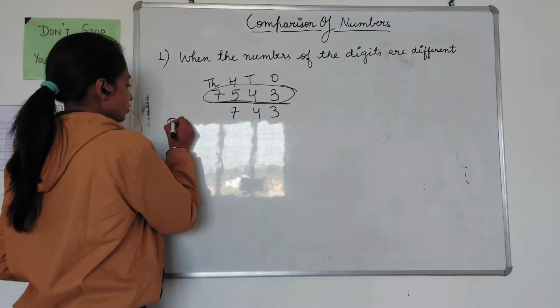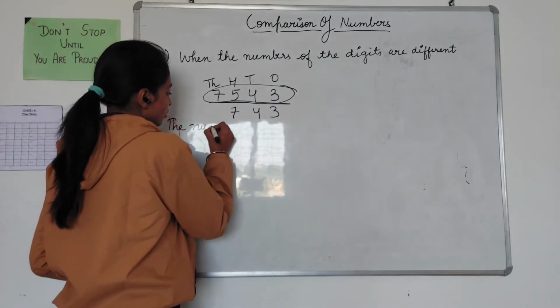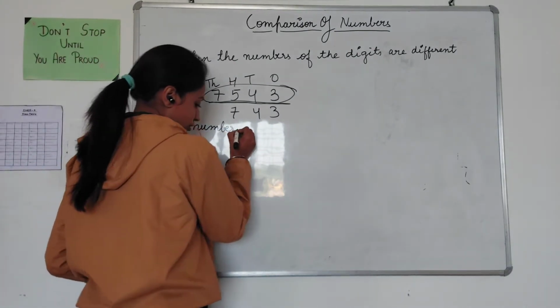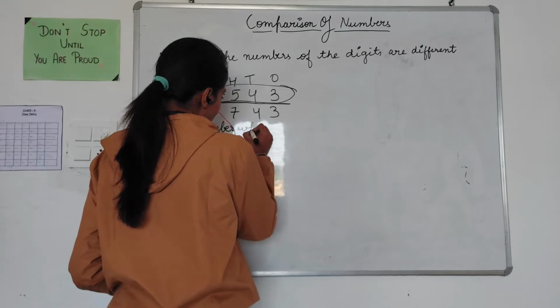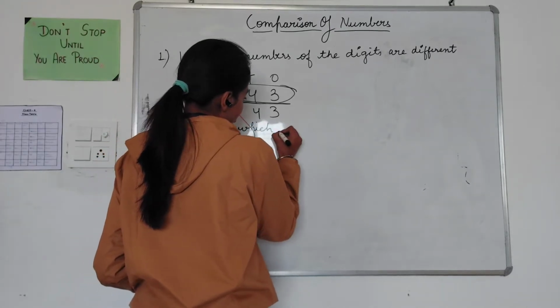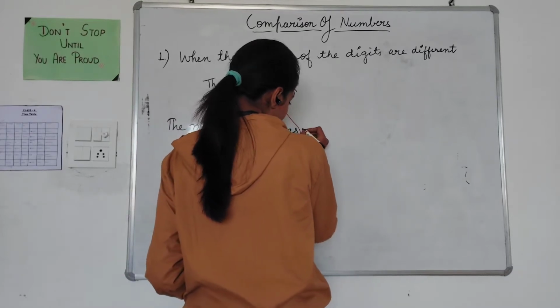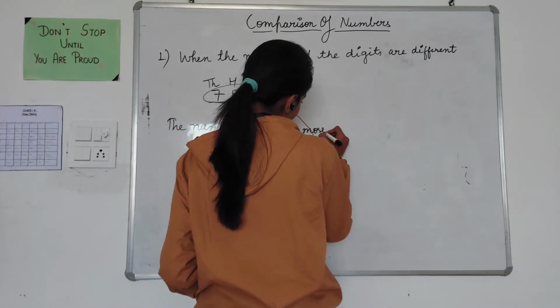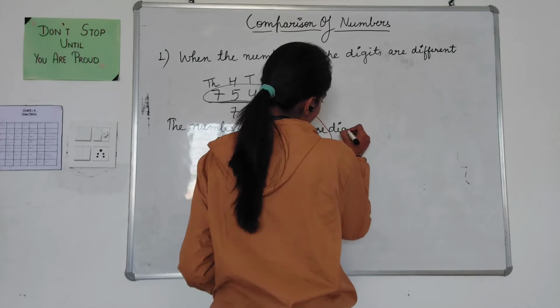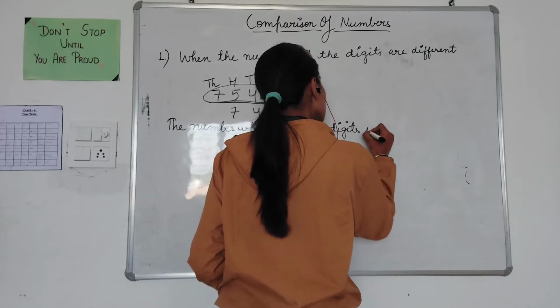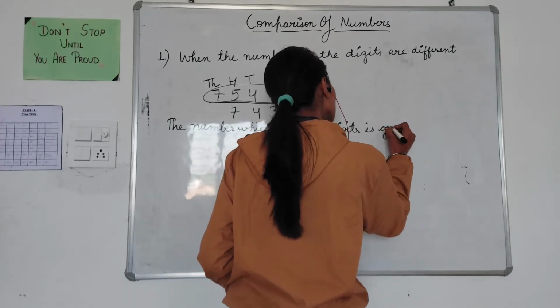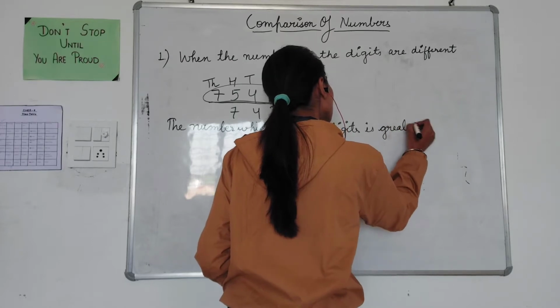So the number which has more digits is greater.